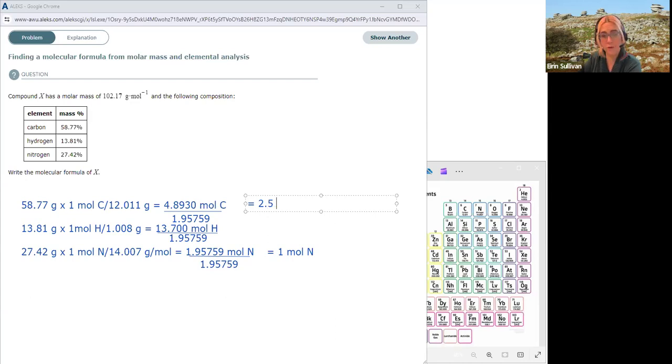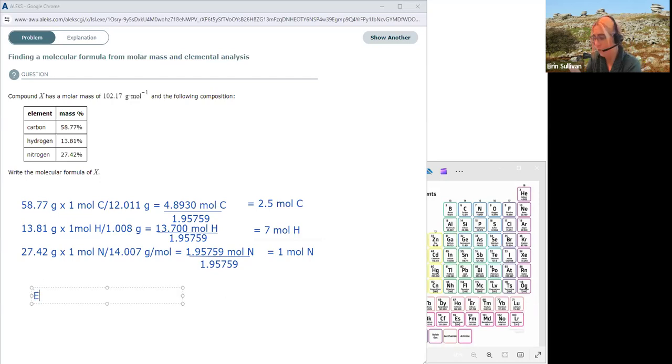I'm going to call that 2.5 moles of carbon. And then last but not least, 13.7 moles of hydrogen divided by 1.95759 gives me 6.998. I'm going to call that 7 moles of hydrogen.